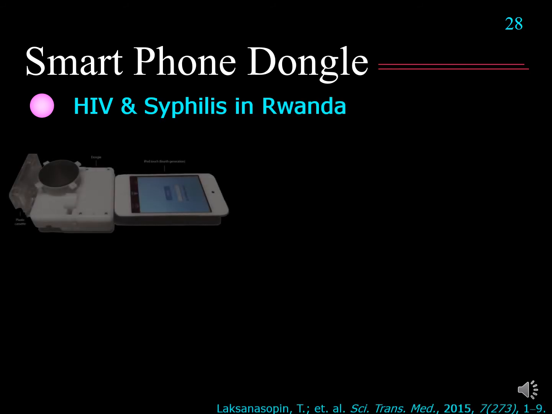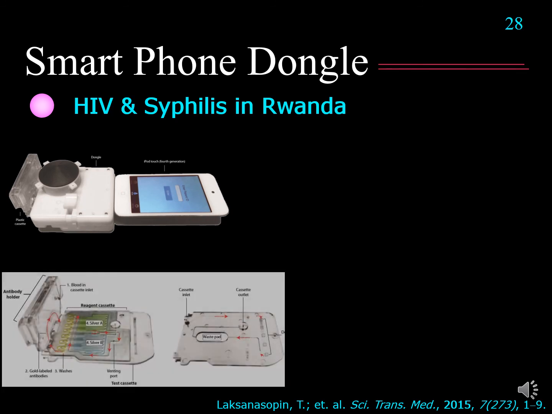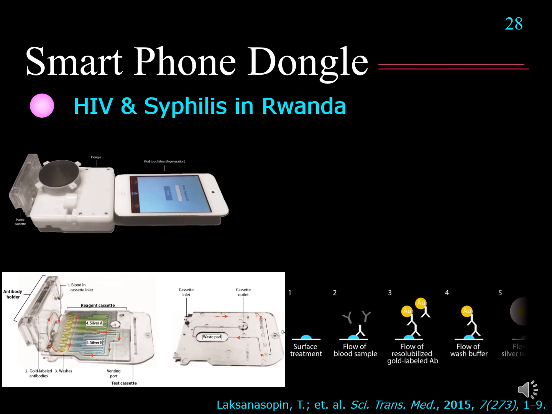Not only the strip test, we can also develop a smartphone system for on-site sampling. This is a project done in Rwanda for detection of HIV and syphilis. The method of detection is very simple compared with the previous system, because this is just an antigen antibody mechanism as well.